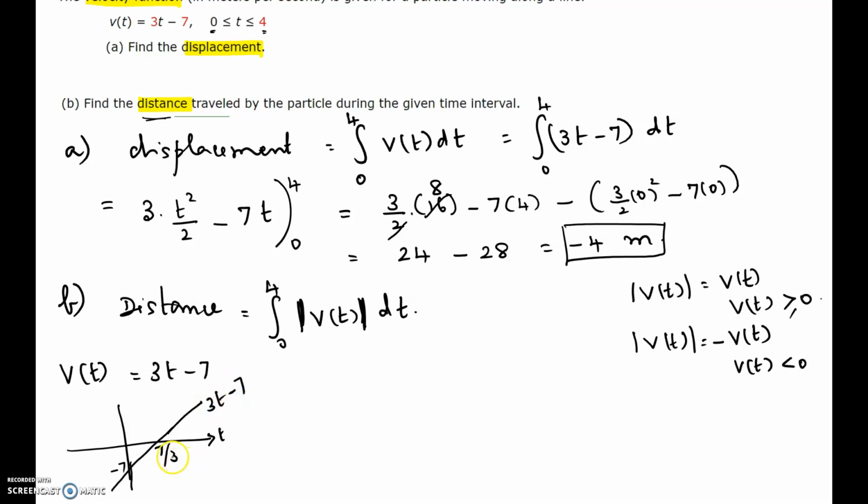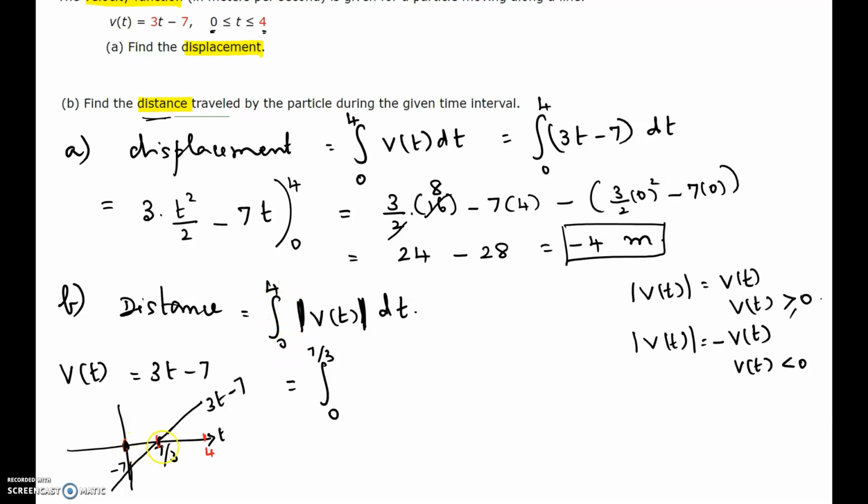For values of t more than 7 over 3, it is above the t-axis, or positive. So we are going to divide this integral: 0 to 7 over 3, then 7 over 3 to 4, because the entire distance needs to be evaluated only between 0 and 4.